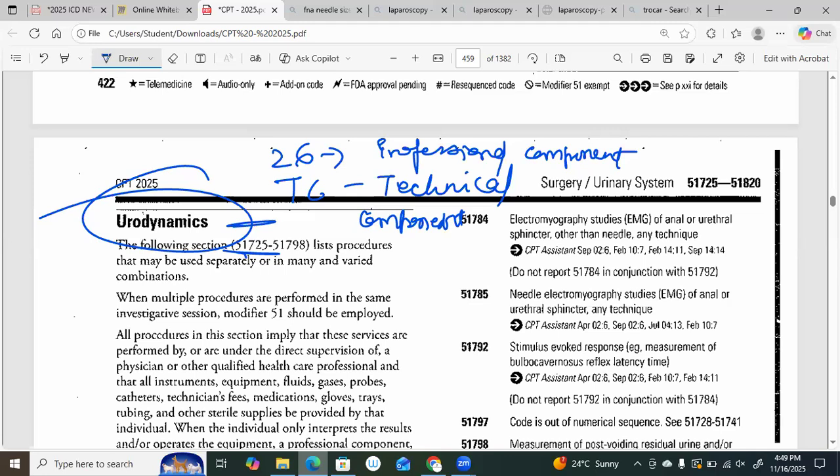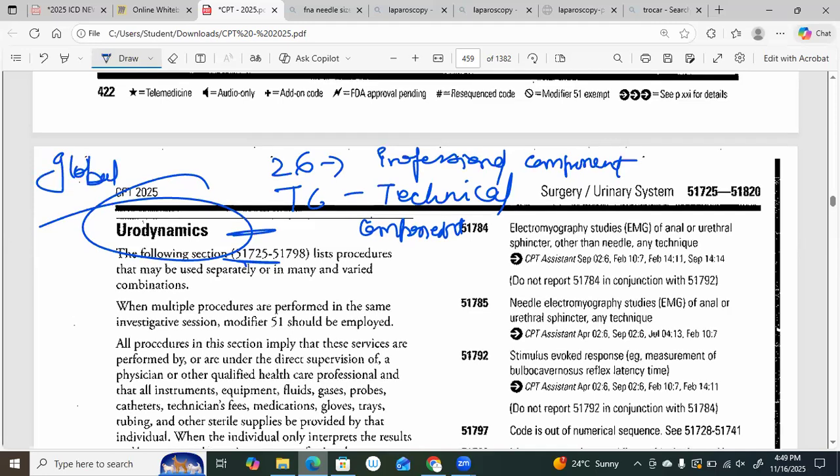If we bill these codes without a modifier, that means it's a global procedure. Without modifier means global. You are billing the 26 professional component as well as the technical component. In urodynamic studies, we have to assess the bladder, urethra, or any associated nerves and muscles to see whether they are functioning appropriately or not.